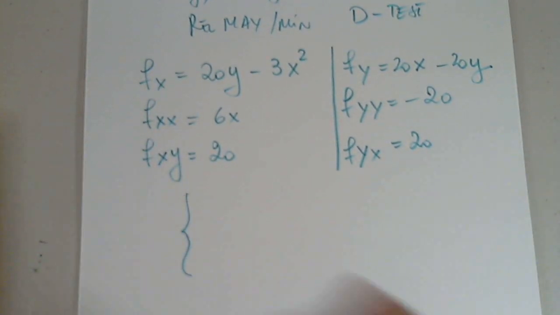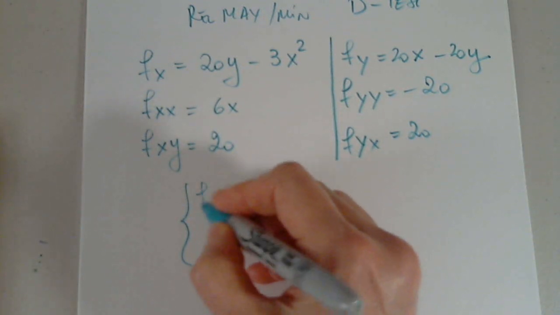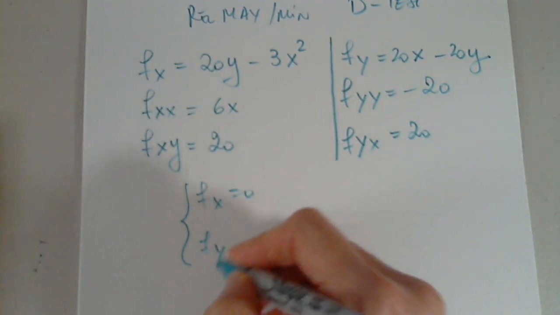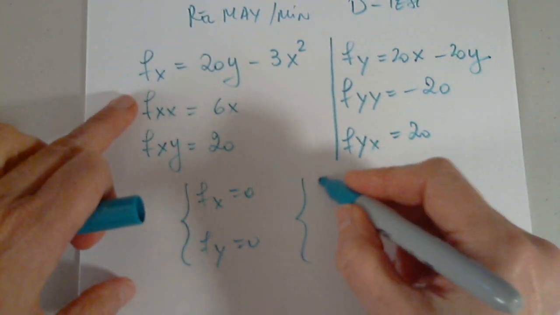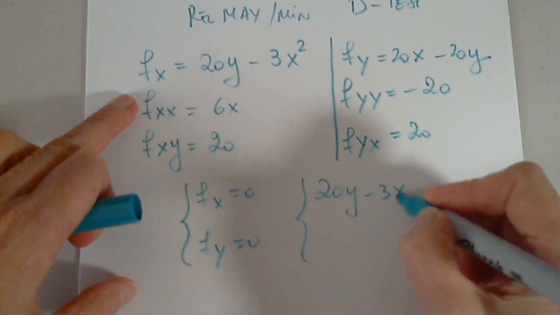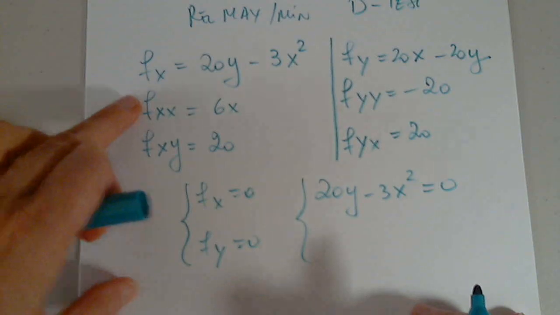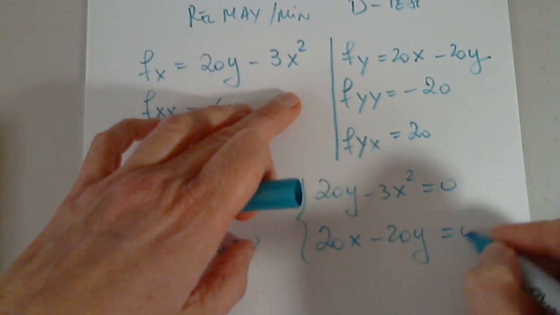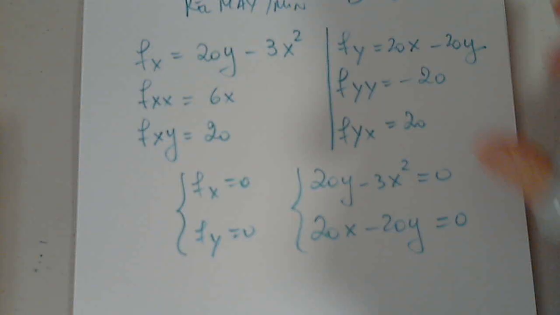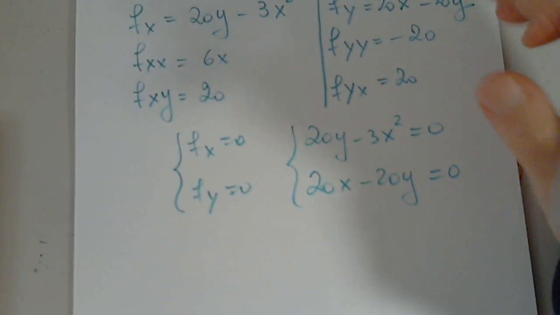Now we have to create a system of fx equals 0 and fy equals 0 and solve it. fx: 20y minus 3x squared equals 0. fy: 20x minus 20y equals 0. Any questions so far?